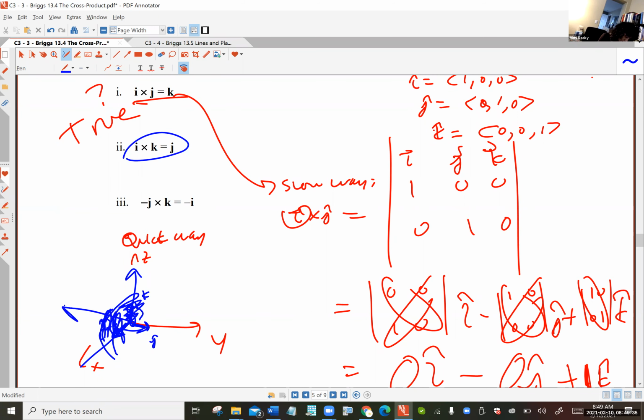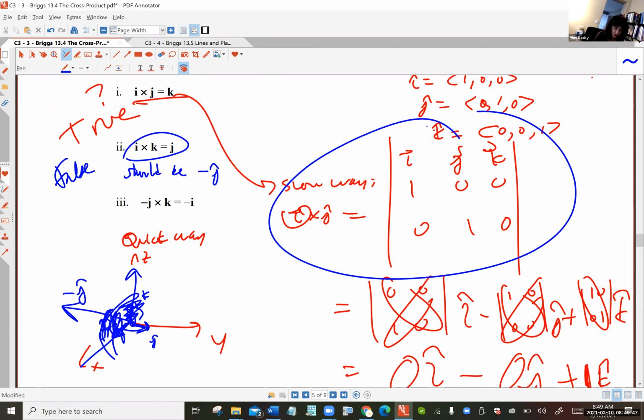And I claim it's going to point in the negative j direction. So this is false because the answer should be negative, or going in the opposite direction of j hat. If you don't believe me, you can of course do the 3 by 3 determinant method and do it the slow way and prove to yourself that you get the opposite of j hat. And similarly, negative j hat crossed with k, you do your fingers here, is negative i hat. That actually is true as well.